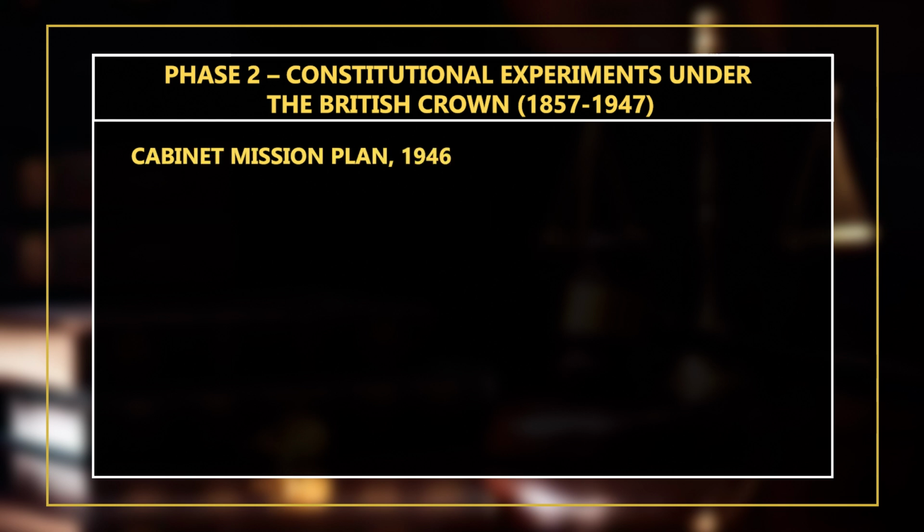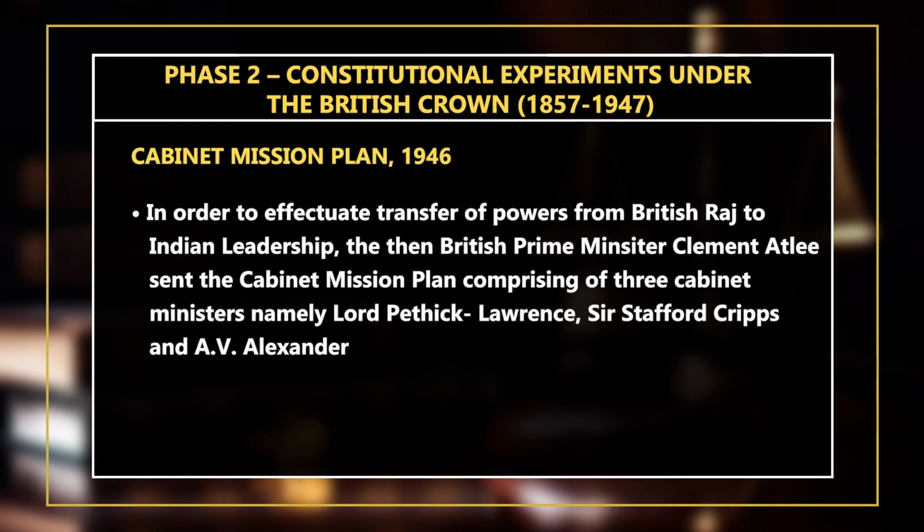The Cabinet Mission Plan of 1946 came. In order to effectuate the transfer of powers from the British Raj to Indian leadership, the then British Prime Minister Clement Attlee sent the Cabinet Mission Plan comprising 3 cabinet ministers, namely Lord Pethick Lawrence, Sir Stafford Cripps and A.V. Alexander.